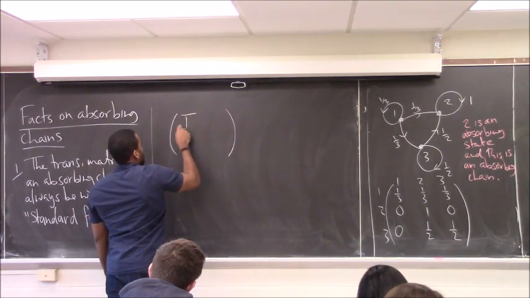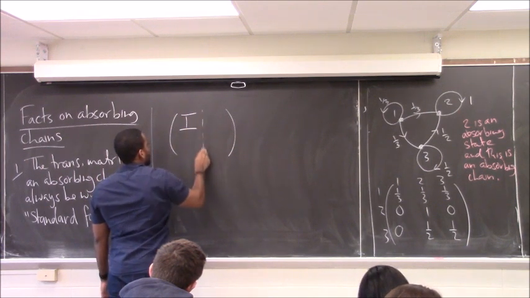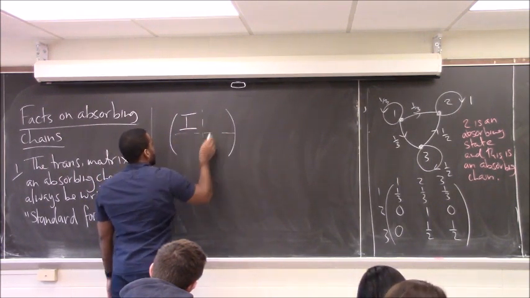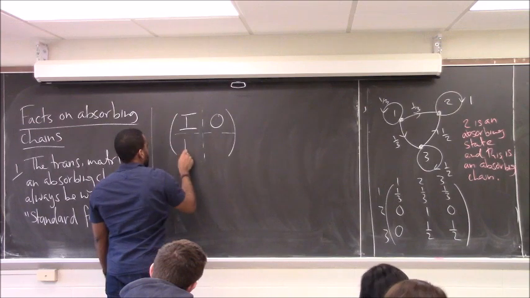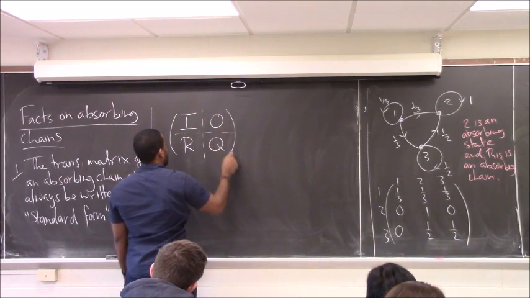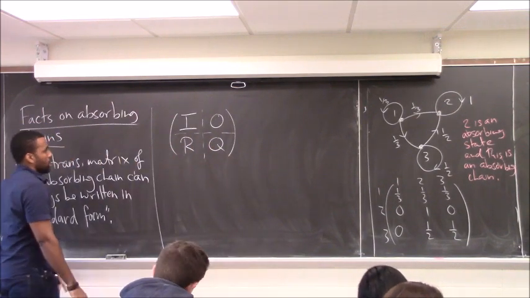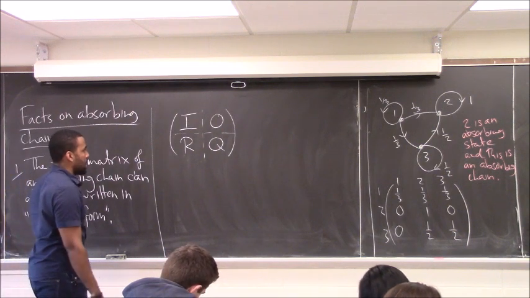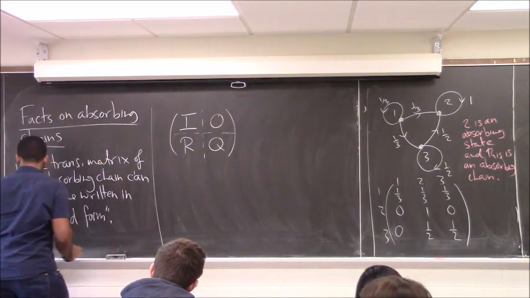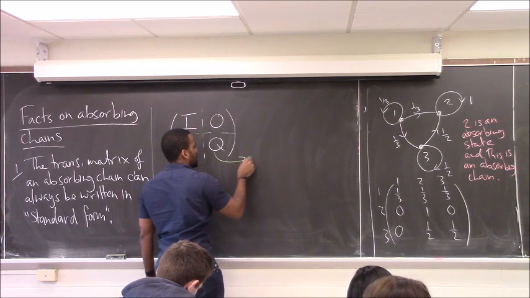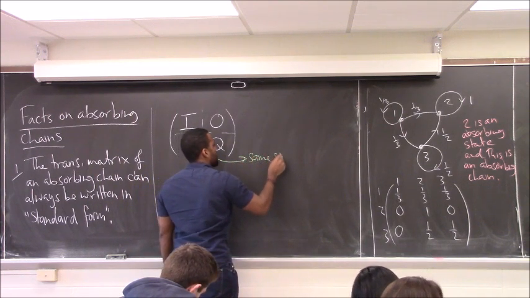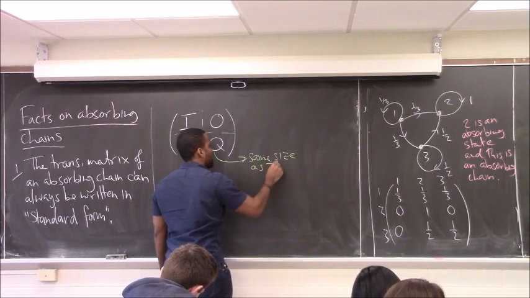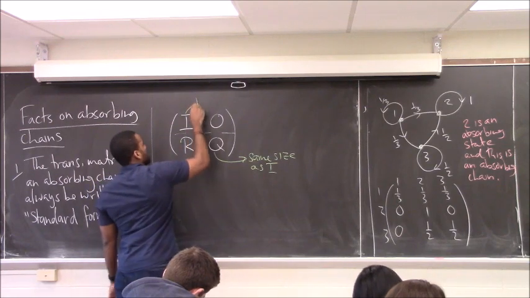There's going to be an identity in the top right corner. Top left corner, there are going to be zeros. There are going to be 2 matrices over here, call them R and Q, where the Q is going to be the same size as I. And this I is the identity we're talking about.